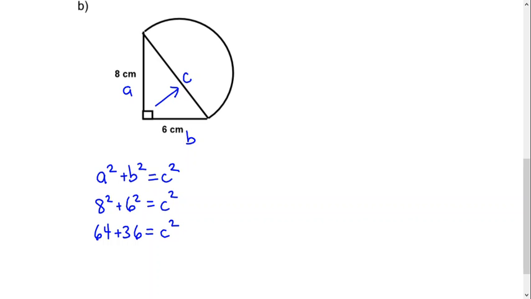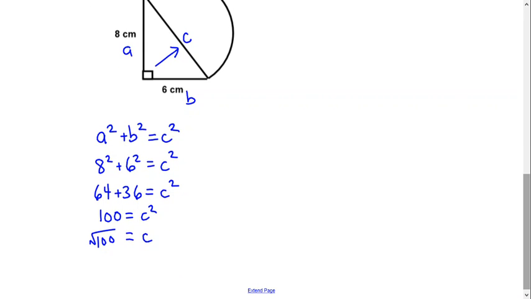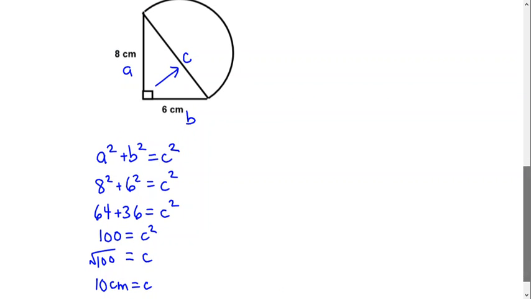I have to add my 64 to my 36, so that gives me 100. And in order to solve for c, I have to take the square root of 100. And that gives me a dimension of 10, and my units are centimeters. So the hypotenuse of my right angle triangle is 10 centimeters. And the hypotenuse is the same as my diameter, which is 10 centimeters.